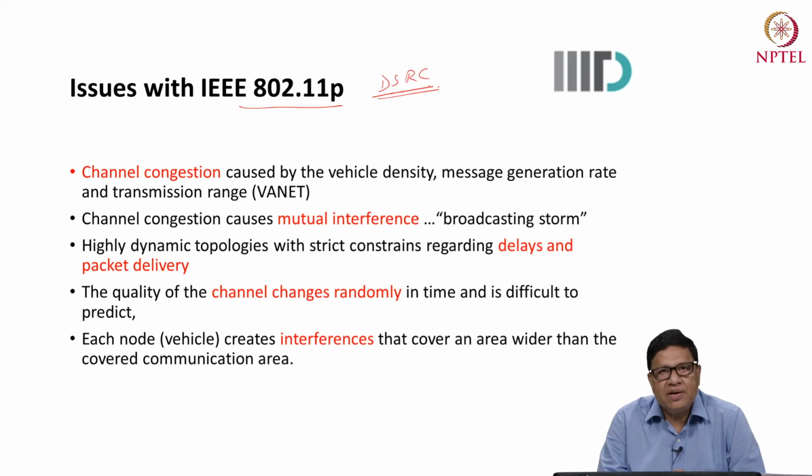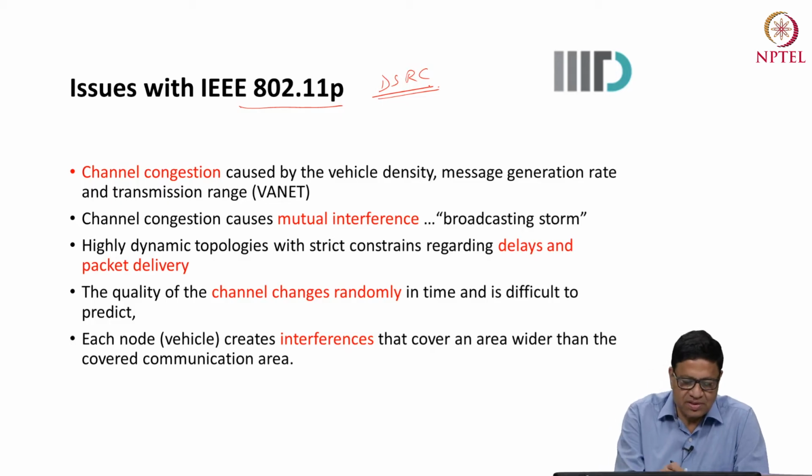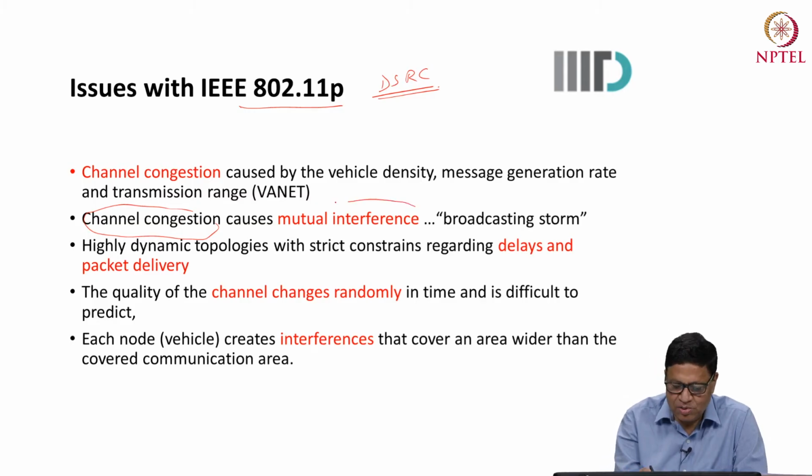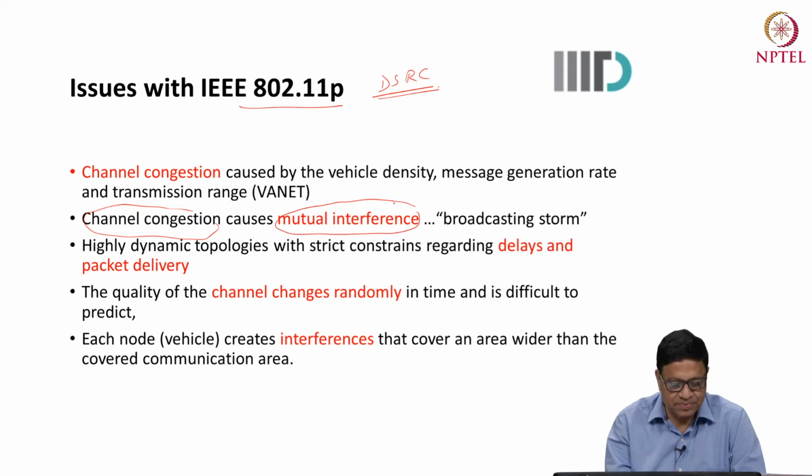The problem in DSRC is that when the number of vehicles increases, there is channel congestion, and the message generation rate and the transmission range are reduced. So this channel congestion, whenever you have more vehicles, will cause a broadcasting storm. Every vehicle will start broadcasting, and this will result in mutual interference.